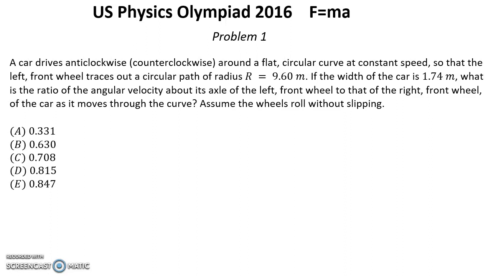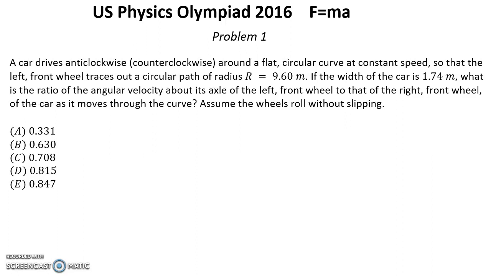If the width of the car is 1.74 meters, what is the ratio of the angular velocity about its axle of the left front wheel to that of the right front wheel of the car as it moves through the curve? Assume the wheels roll without slipping.